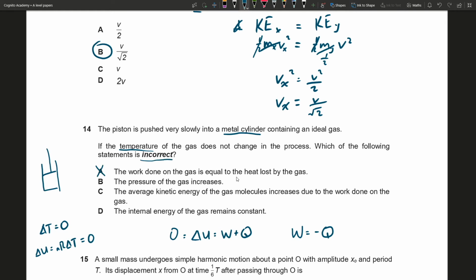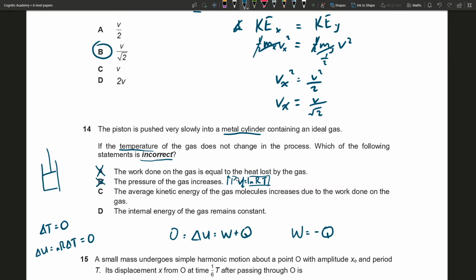B, the pressure of the gas increases. Because this is an ideal gas, we have PV equals nRT, and because T doesn't change, this whole thing is a constant. Because we push the piston down, the volume decreases, which means the pressure has to increase to make up for it. B is correct, so it's not the answer we're looking for.